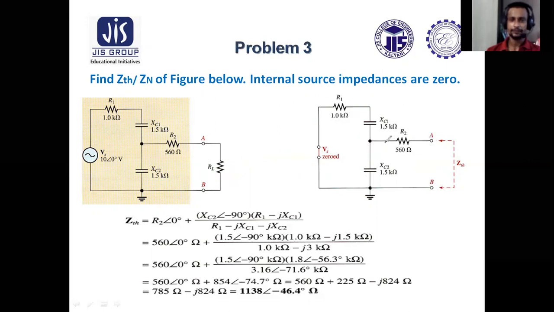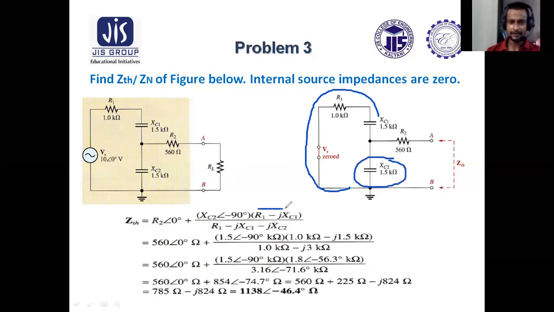Okay. So for this path, equivalent impedance will be R1 plus minus jXC1, and with this series combination, this should be in parallel.